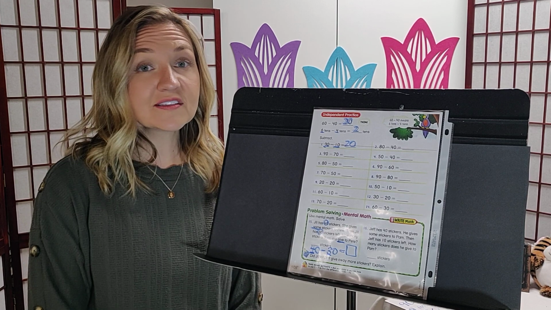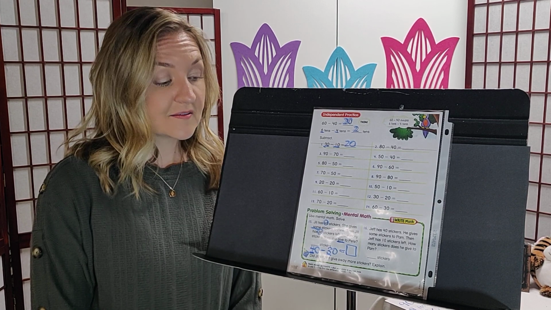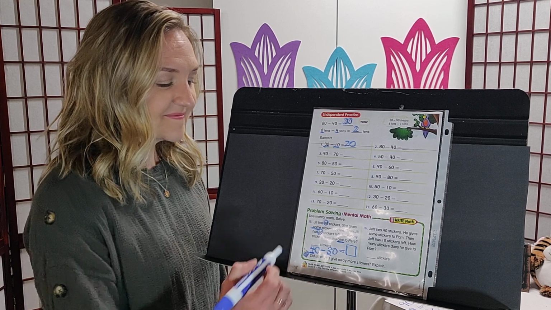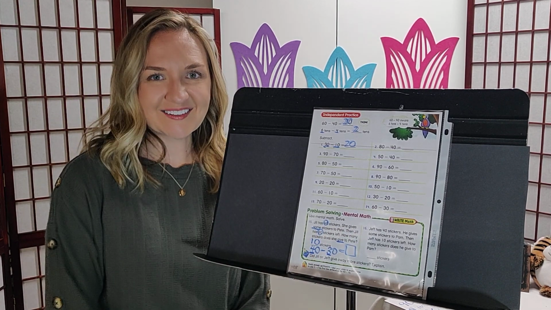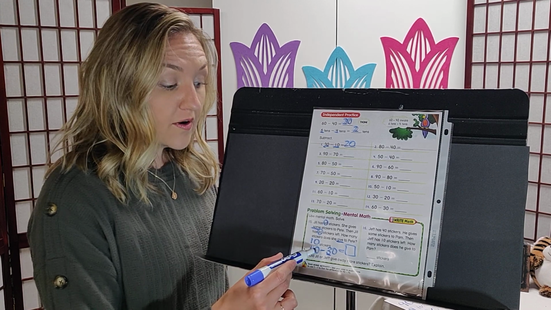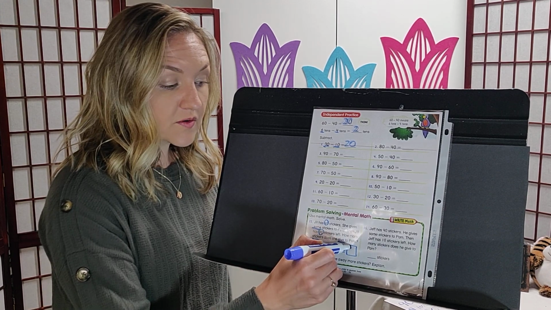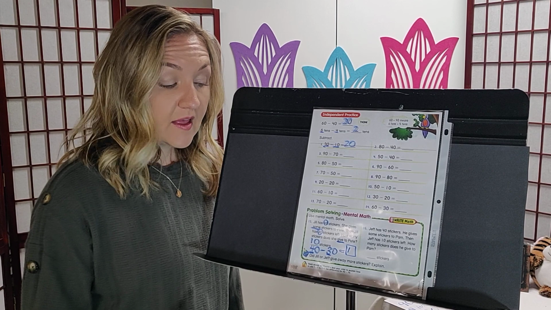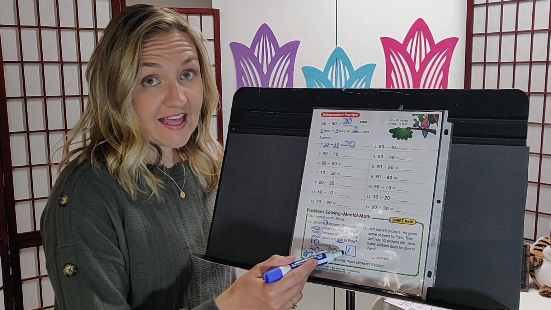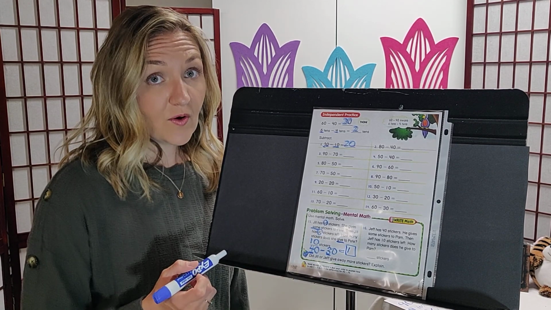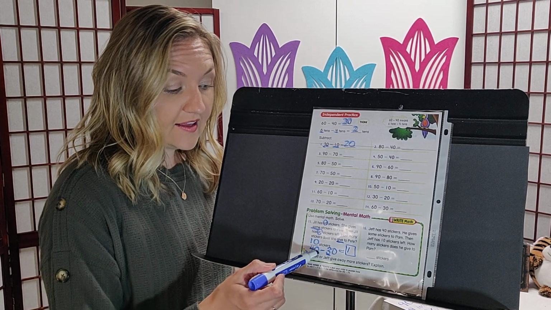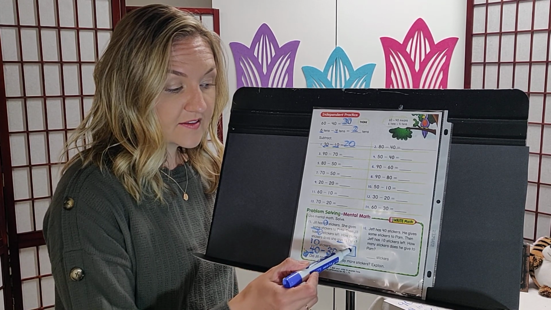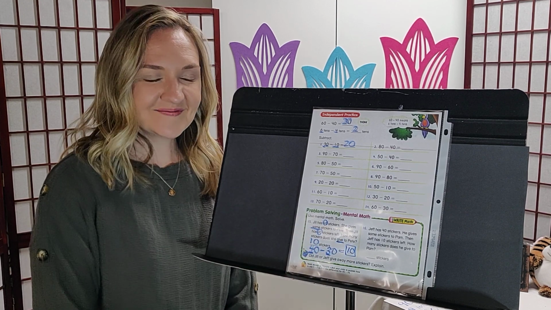So it equals 10 stickers, right? 4 minus 3 equals 1. But that one group of 10, we actually need to show that that 1 is in the tens place value. So we need to show that by adding a 0 in our ones place value.